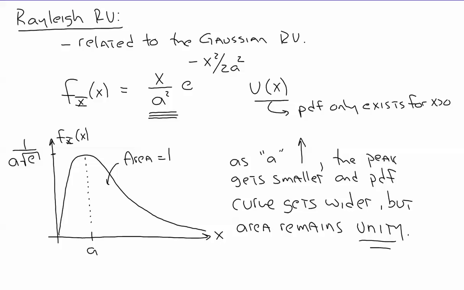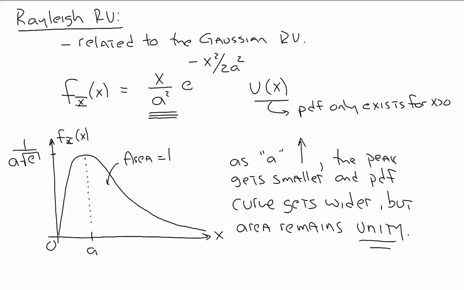So as the parameter little a gets larger and larger, the peak will squat down, the curve will get wider. It always starts at x equals 0 and is 0 for x less than 0. But the area always remains 1, no matter what. All probability density functions have unit area regardless of the choice of variable parameters.